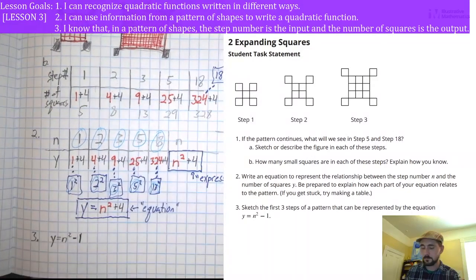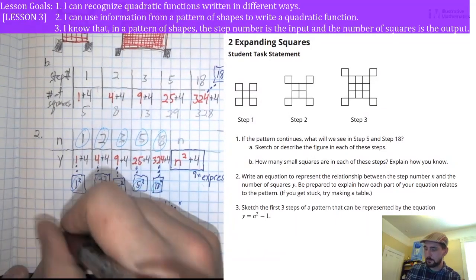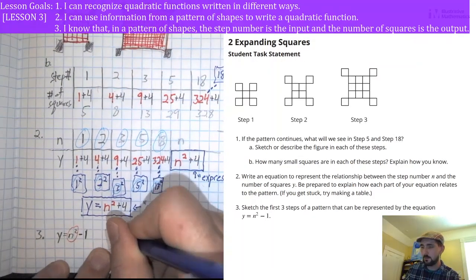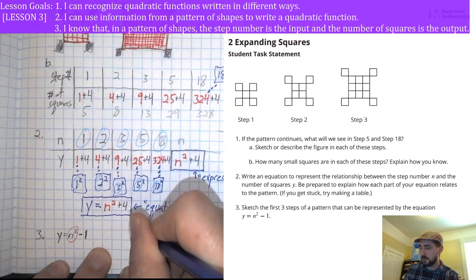So the n squared part should remind you of what we did up here. N squared means there's going to be a pattern of growing squares. Right, so there's going to be a pattern where in step 1 there's going to be 1 square.